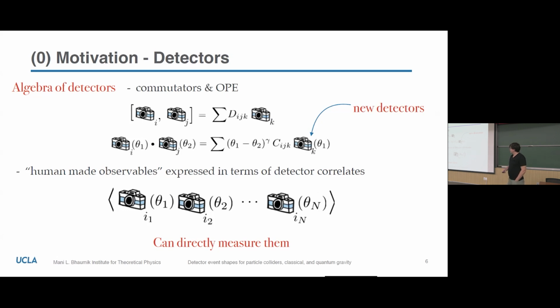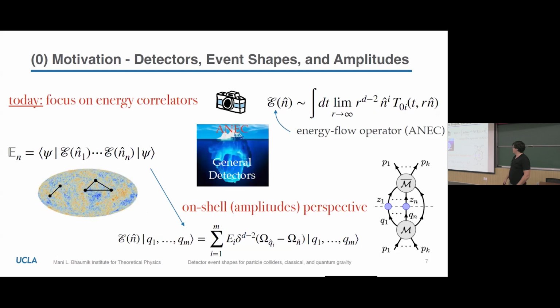So in this more modern framework, human-made observables can be expressed in terms of correlation functions, or what are called event shapes. That's in my title: event shapes of these detector operators. There's a nice theoretical structure behind these detector operators and event shapes, but we also have experiments where you can directly measure them. For me, that's a very exciting feature.